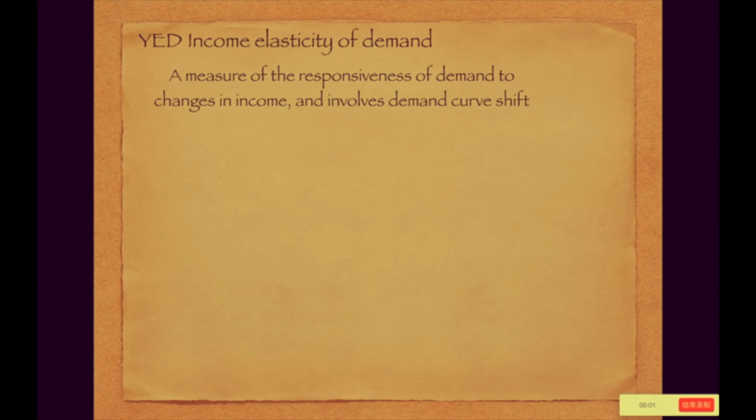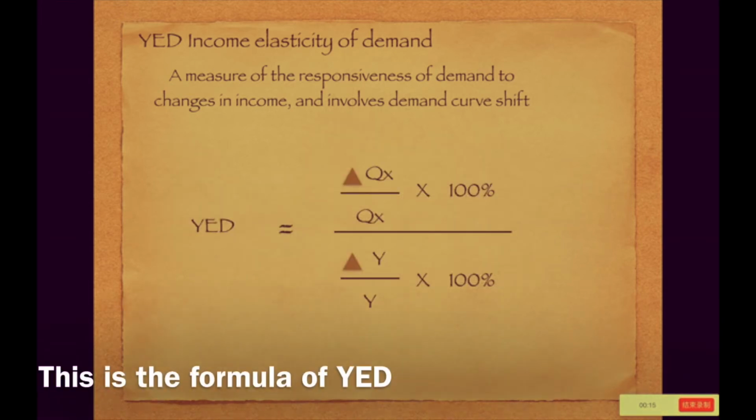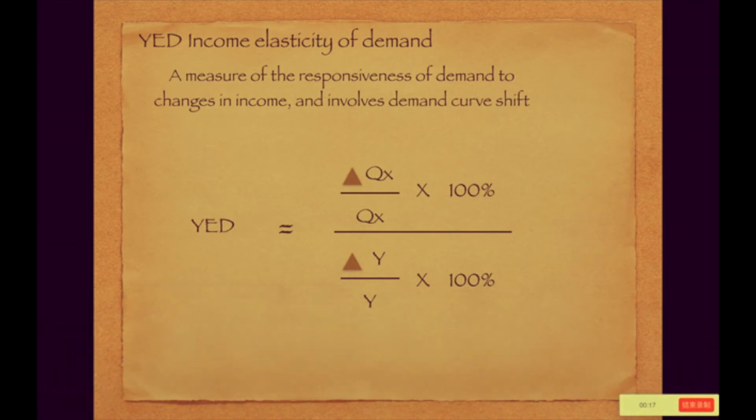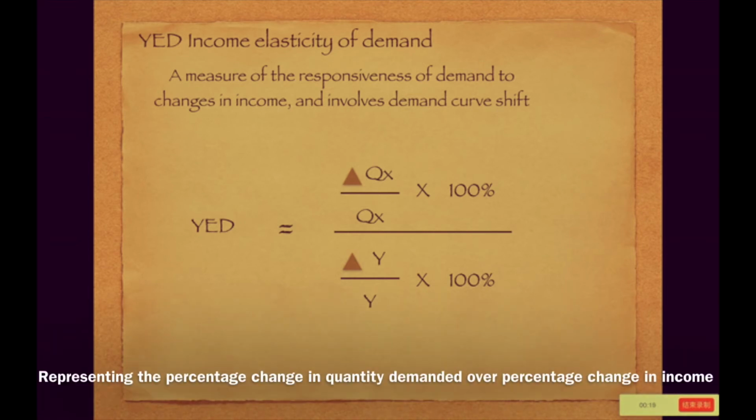The third concept is YED, income elasticity of demand, referring to the measure of the responsiveness of demand to changes in income and involves demand curve shift. This is the formula of YED, representing the percentage change in quantity demanded over the percentage change in income.